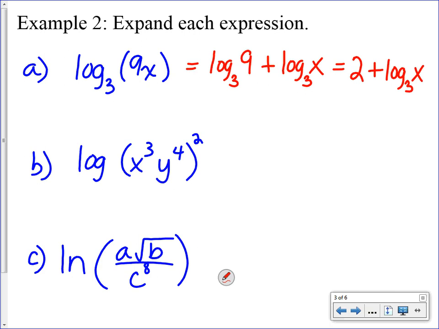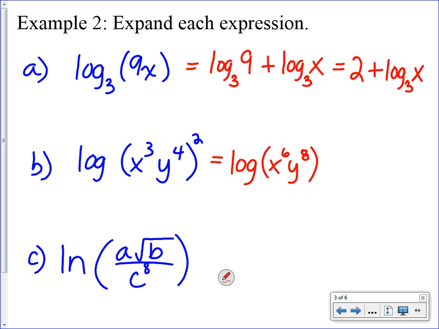Next example, we have log, this is our common base 10, of x cubed y to the fourth, all squared. Now, there's a couple different ways you could approach this one. You could use your properties of exponents, and this is where you would multiply your exponents and rewrite this as log of x to the 6th, y to the 8th. And then we can expand the logarithm.